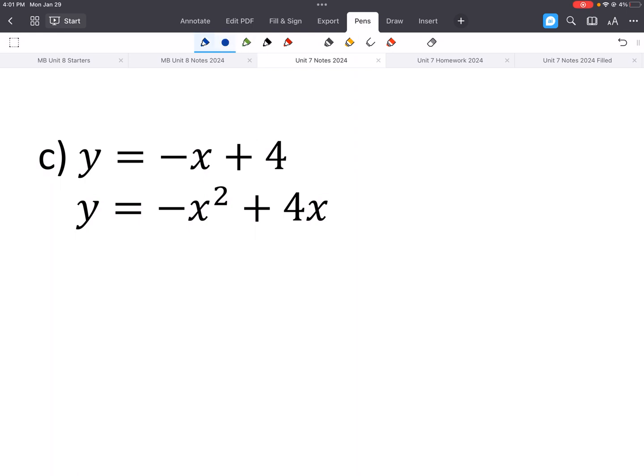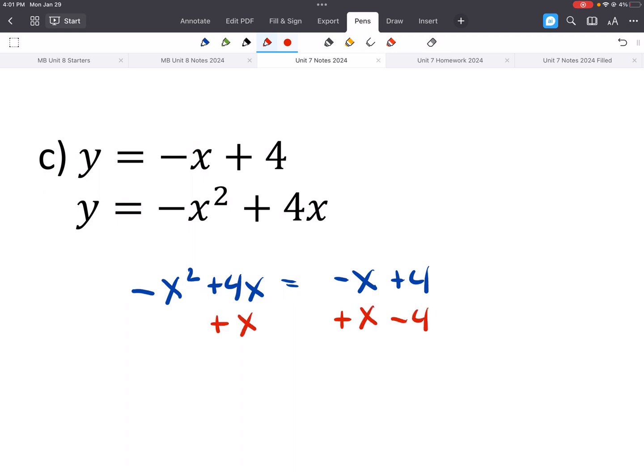Okay, so again, we set them equal to each other. So negative x squared plus 4x is equal to negative x plus 4. Alright, so if you're trying to get everything on one side, again, you can choose which way you want to move them. So if I decide I want to add x, then I could add x here. If I subtract 4, you might be like, well, where do I subtract 4 from on the other side?